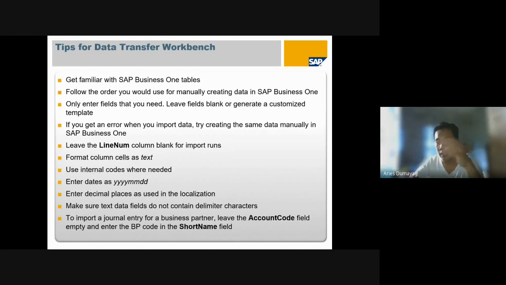And then you generate a template for that matter, so that when you have more to import later on, you have a template to go back to and just enter the data. The template I'm talking about is an Excel template that you can use to import into your SAP Business One in the near future if you have more to import.